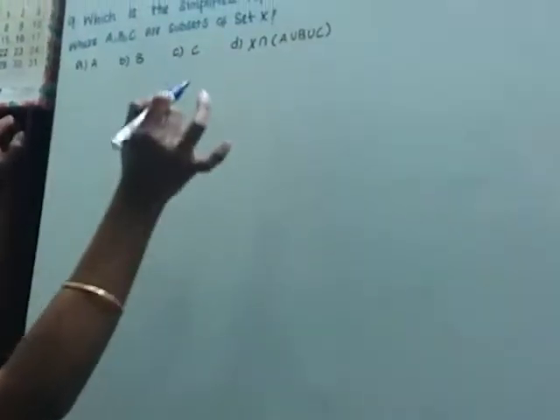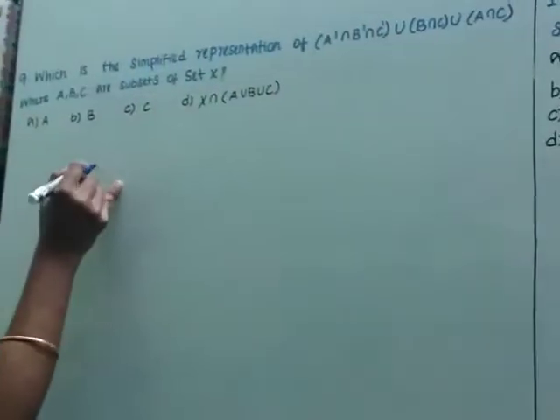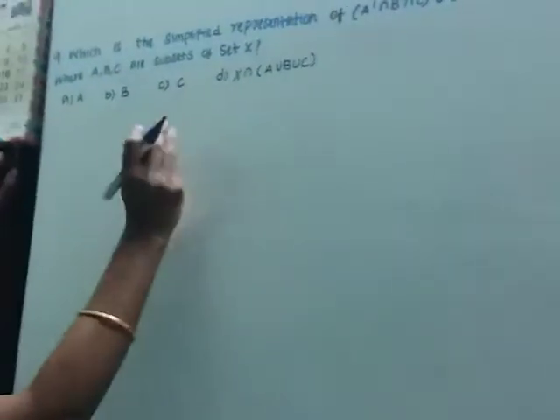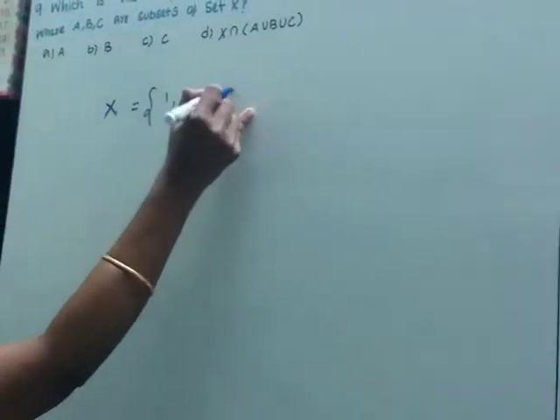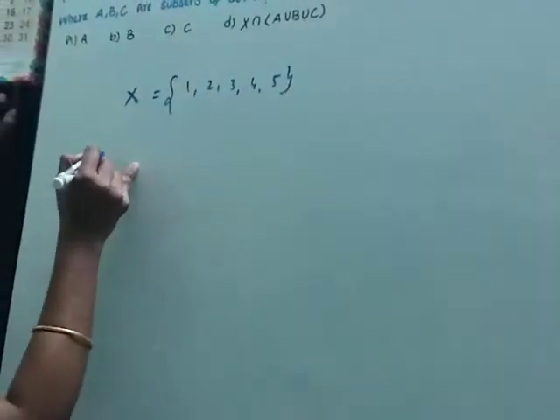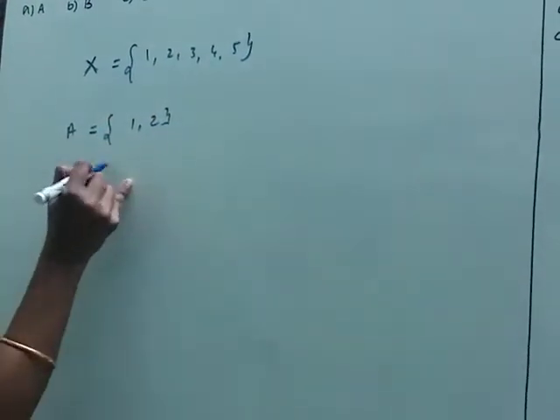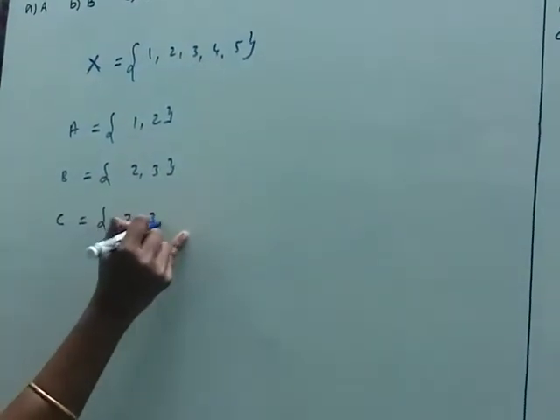So for that, I am going to define the sets. For any sets, it will hold. Here the universal set X is 1, 2, 3, 4, 5. We are defining A, B, C as subsets. A is 1, 2, B is 2, 3, and C is, let me define, 2, 3, 4.